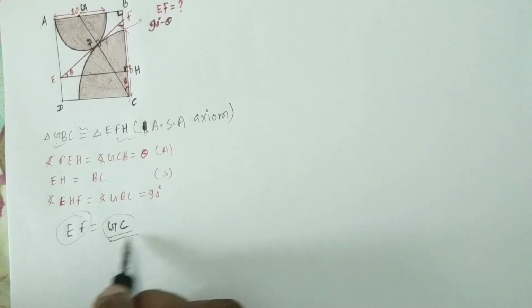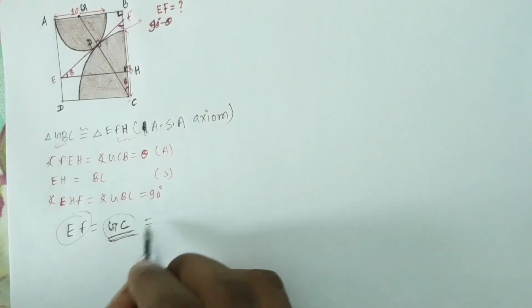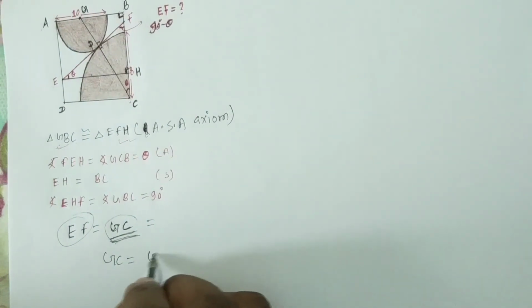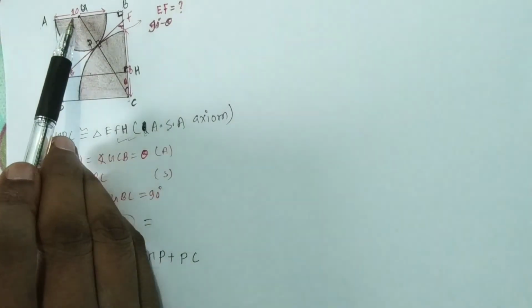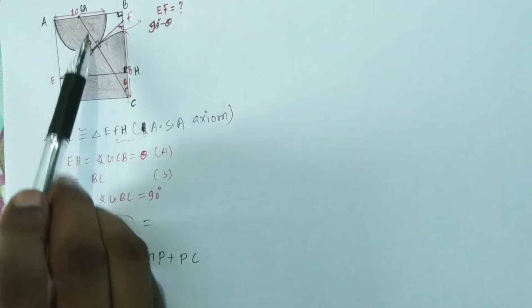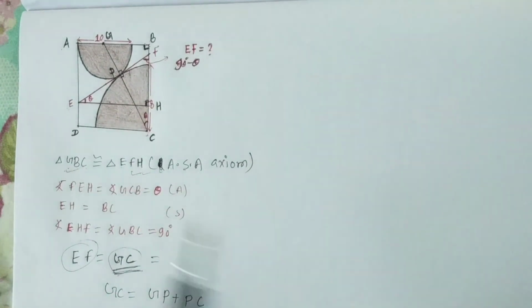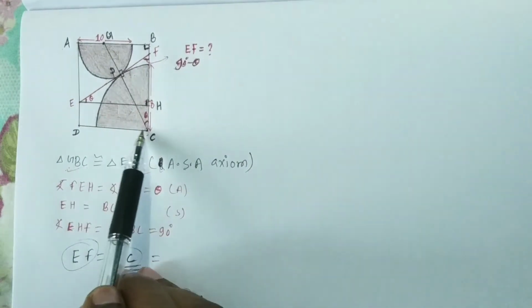So we will try to find the length of GC. Now let's see the length of GC. GC is equal to GP plus PC.